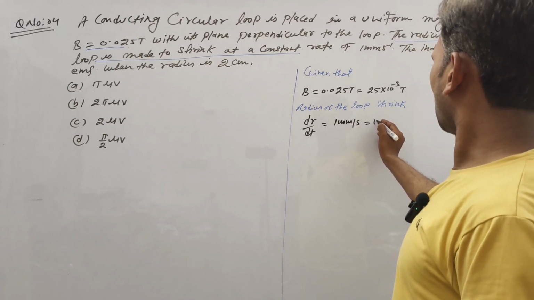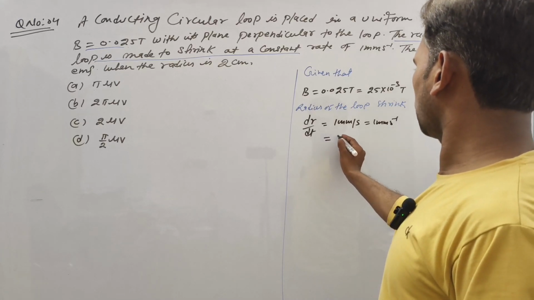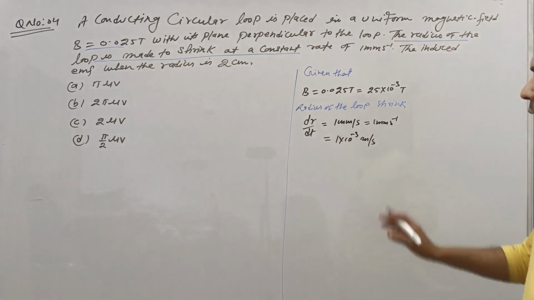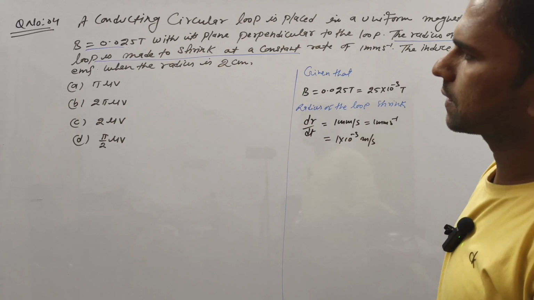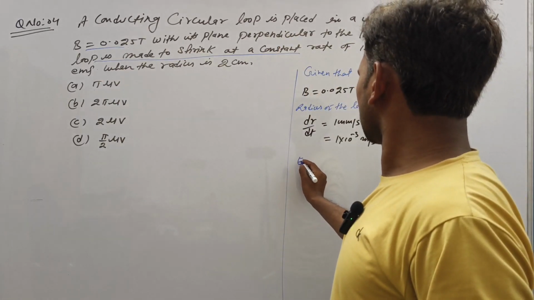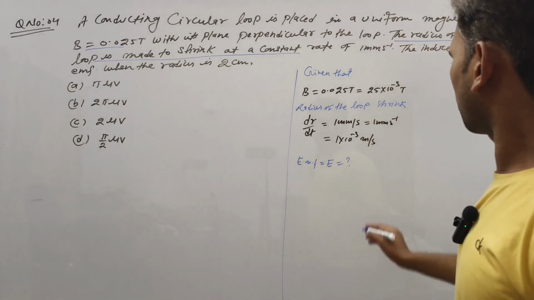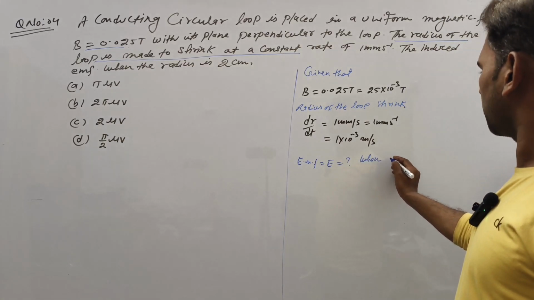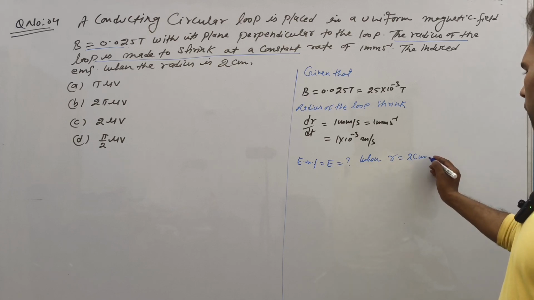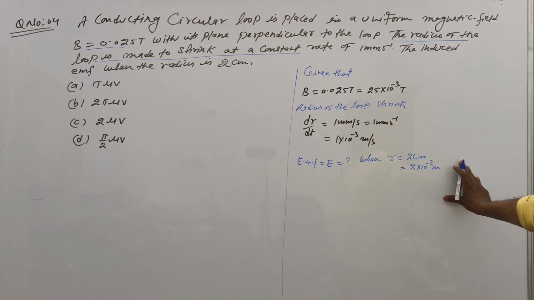You can also write 1 mm second inverse, and in SI unit you can write 1 multiplied by 10 power minus 3 meter per second. Now next, what are they asking? They are asking the induced EMF when the radius r will be 2 centimeter. You can also write it as 2 multiplied by 10 power minus 2 meter in SI form.